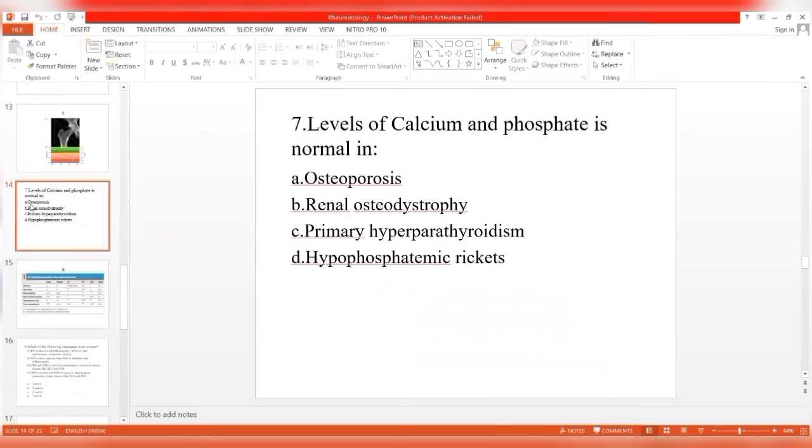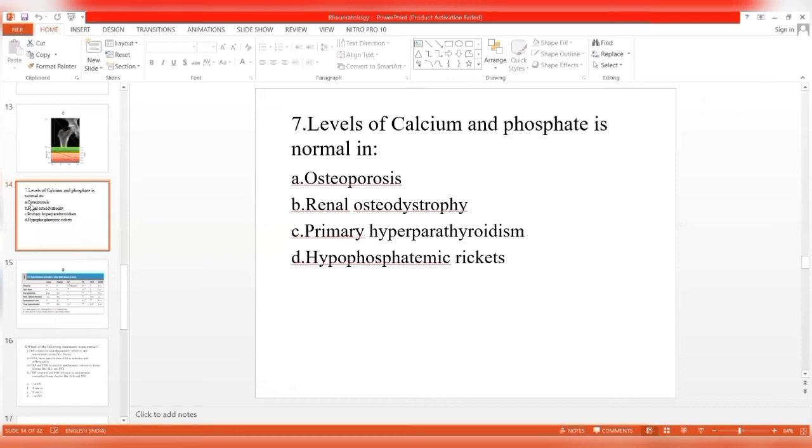Next question. Levels of calcium and phosphate is normal. See, at first we have said that calcium and phosphate are the most important minerals as far as the bone and teeth are concerned, and it is deposited in the bone as hydroxyapatite, is it not? So now the question is levels of serum calcium and phosphate in blood.